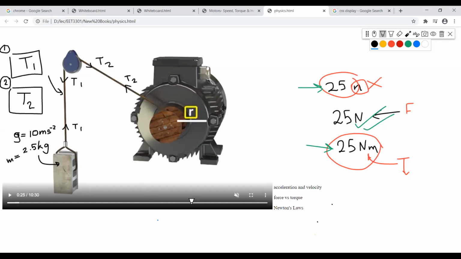Calculate the value of T2 and give me your answer. If you need any details to calculate that, let me know. If the details given are not enough to calculate T2, please let me know.